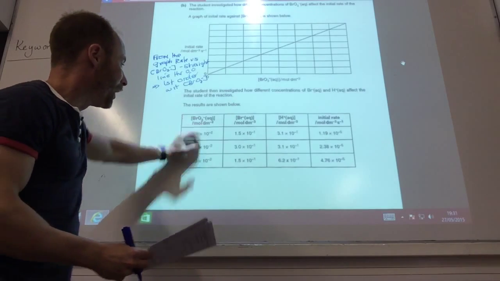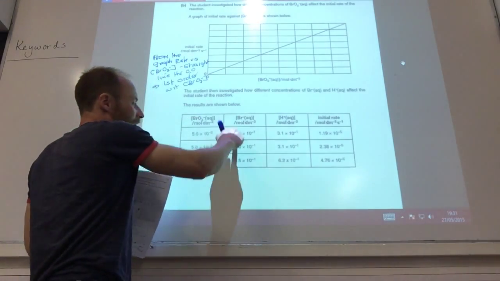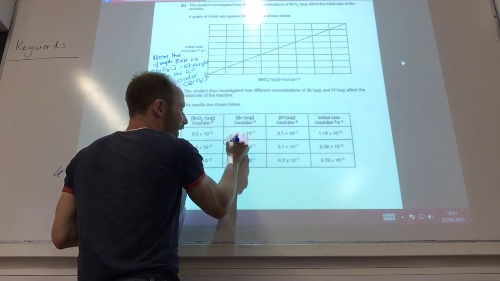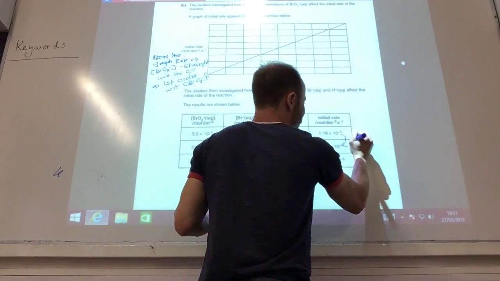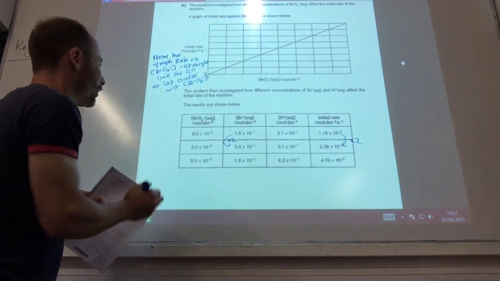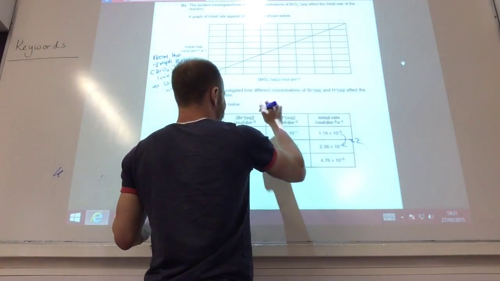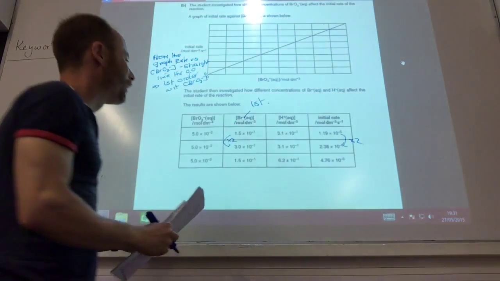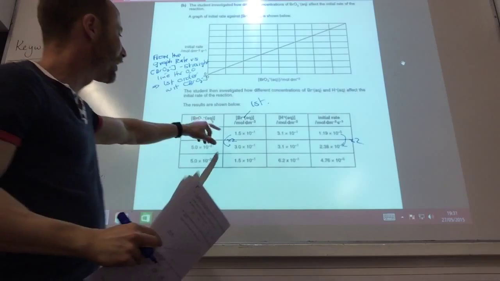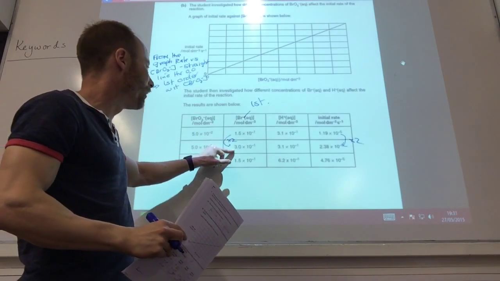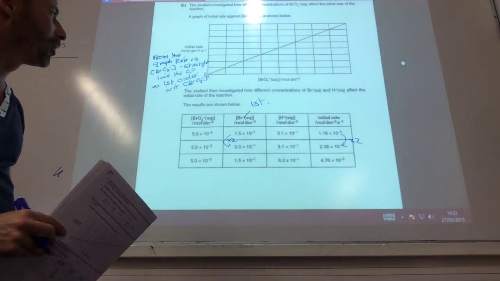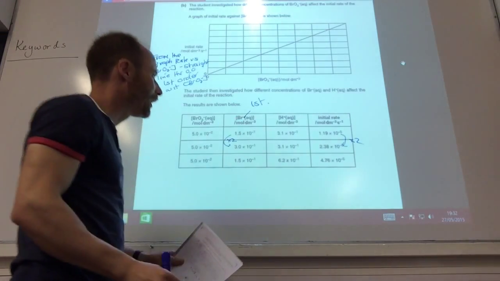So we've sorted out this one here. Let's look at Br minus now. If we just compare these ones, that stayed the same, that stayed the same, that's nice and easy. Hopefully you can see that's times by 2 and that's times by 2, and therefore we can also say it is first order with respect to the bromide ion. So when you explain it, you say, as I double the concentration of Br minus, I double the rate, and therefore it is first order with respect to Br minus.